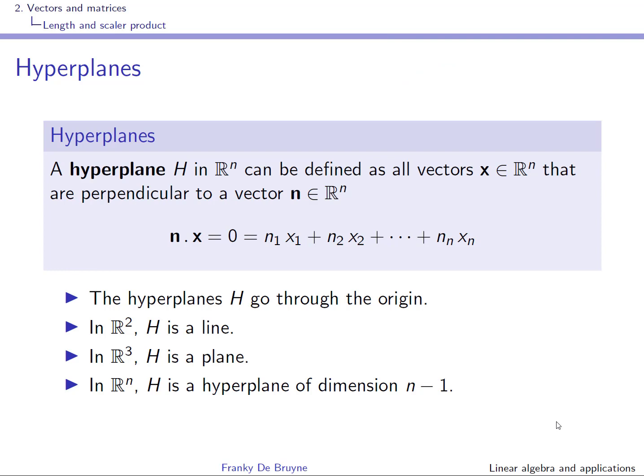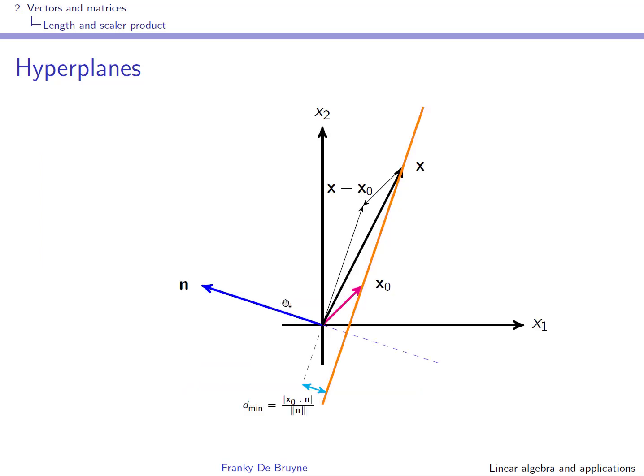Well, the hyperplanes that we have considered go through the origin. It's kind of obvious when you look at this equation here that the 0 vector is indeed a solution of this equation. So we can also look at hyperplanes that go through x0, which is different from the origin.